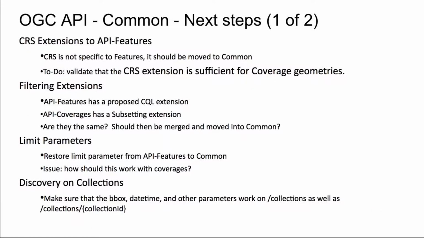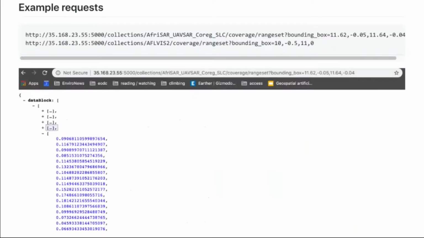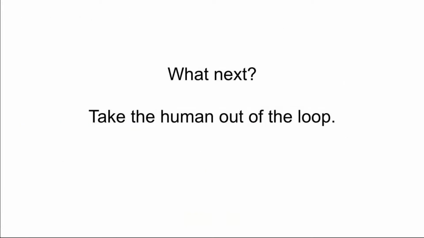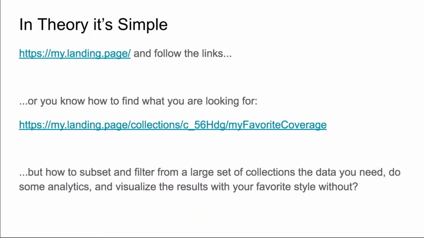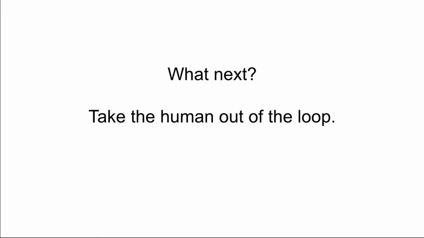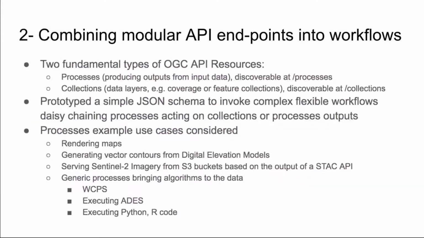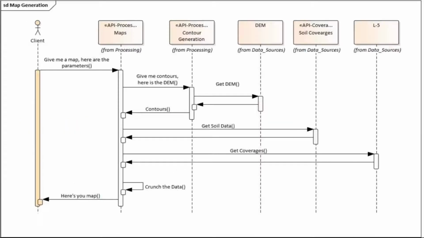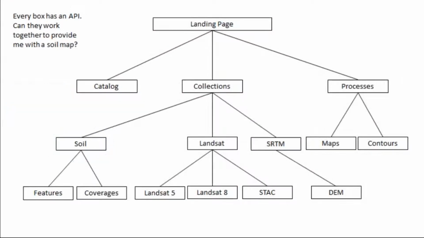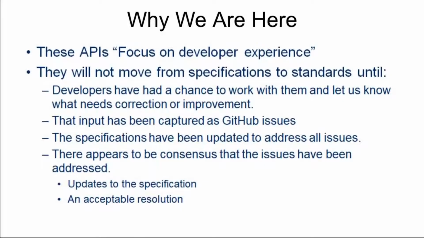What we have is a kind of a vision of a large organization's web presence, if you would. It has an API sitting on the landing page, and it has all these data and processing resources back behind it. This diagram here is basically the path diagram. So you've got collections, you've got catalogs, you've got processes.